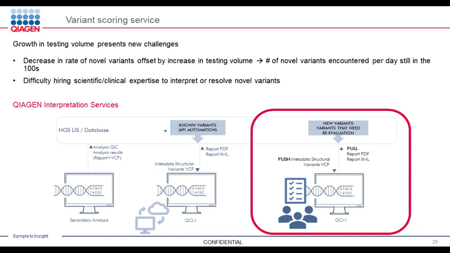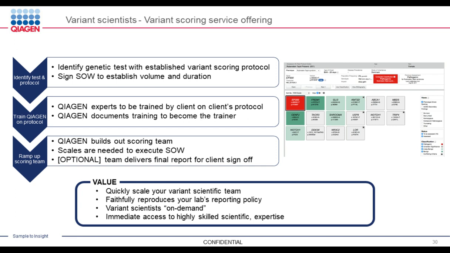So as your volume increases, the number of variants that your team needs to interpret will grow exponentially. And so it's a challenge to find scientific and clinical expertise to meet that growth. We can help with that. We offer variant scientists that can help with your variant scoring capabilities.